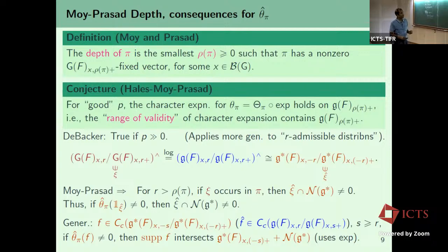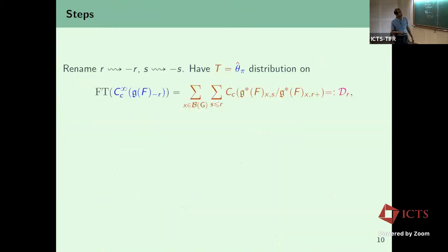One is really interested in the restriction of the character to functions of this form. At the Fourier transform level, it becomes a more ugly set of functions, but those are what we need to study. And we need to show that the Fourier transform of the character distribution is supported near the nilpotent cone.